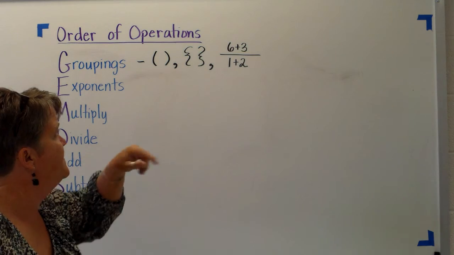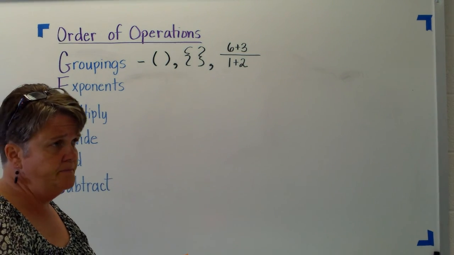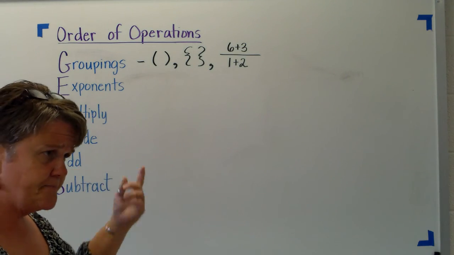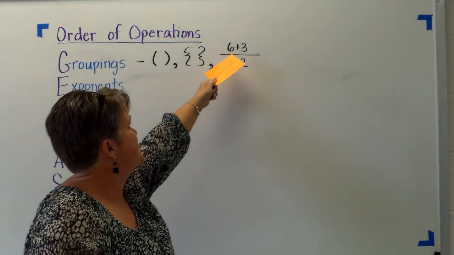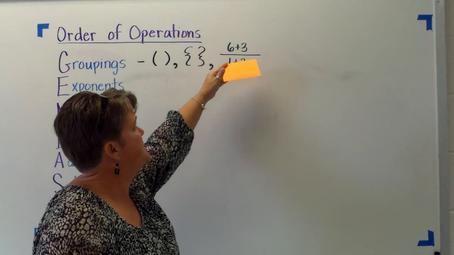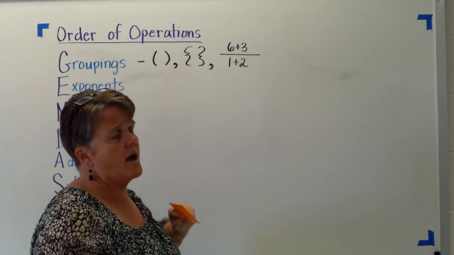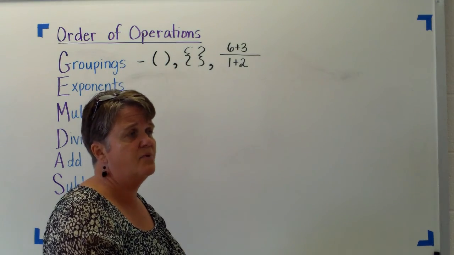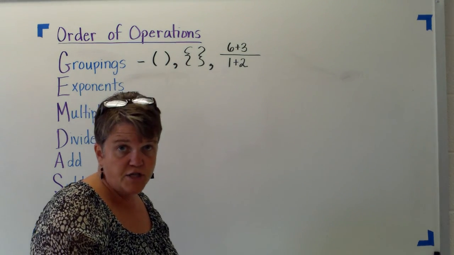Otherwise, a division bar can be just a division bar, which I'll show you in the examples in a few minutes. But if it has an operation in the numerator or the denominator, then that division bar is looked at as a grouping symbol, and it needs to be addressed first.